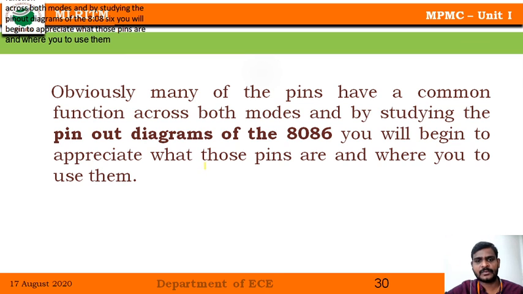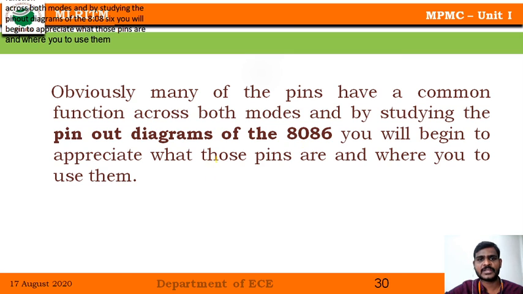So this is the end of the 8086 architecture and the different modes of operation. In the next class we are going to see the pin-out diagram of the 8086 and how each pin operates.